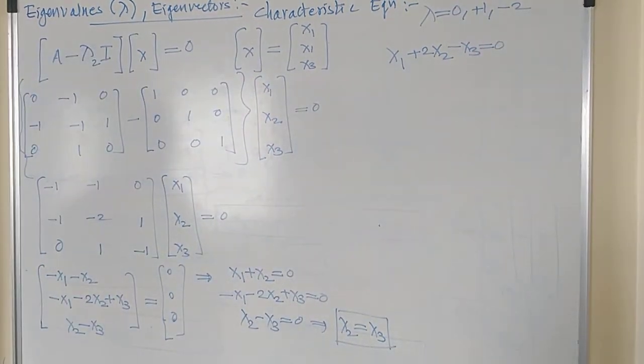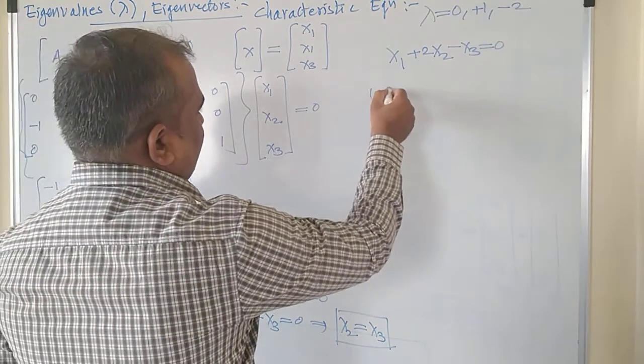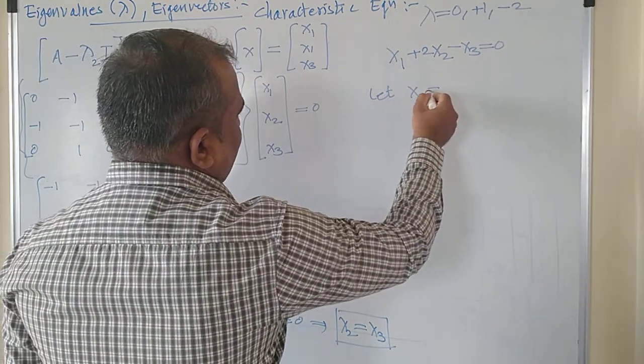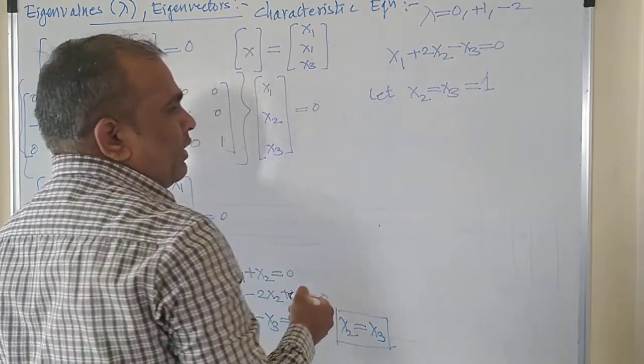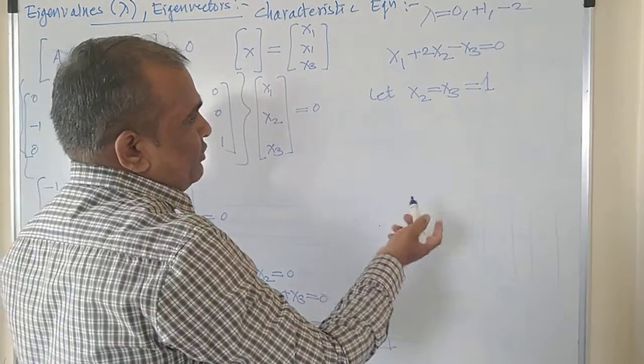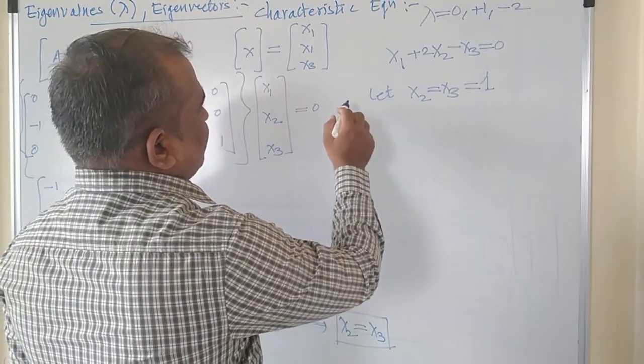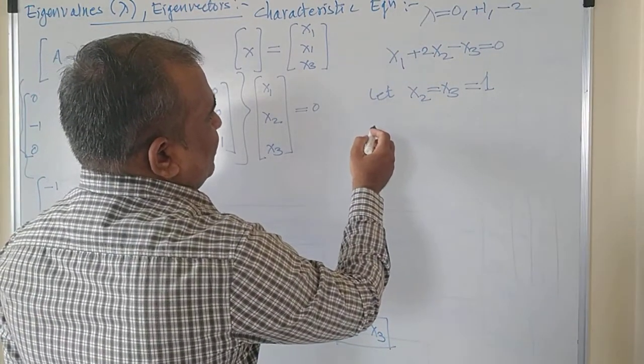Got it? And now let us assume that x2 and x3 are the same. Let us say this is equal to 1. Or you can assume minus 1, 2, minus 3, whatever you wish, and put it here. That will give you the value of x1.